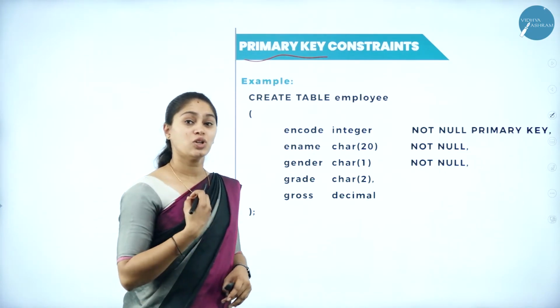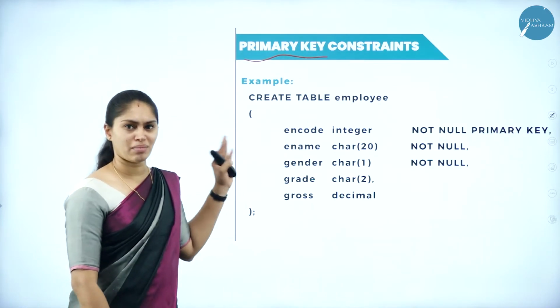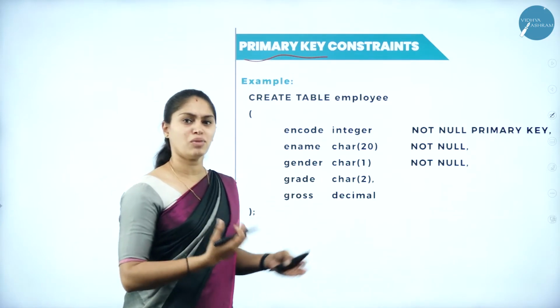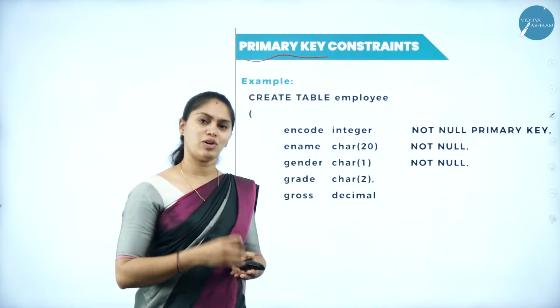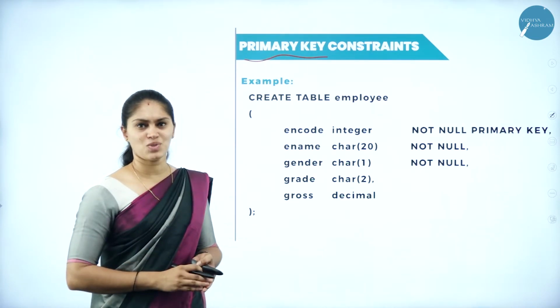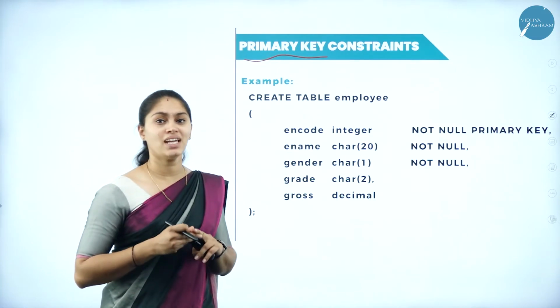In order to uniquely identify a row or a tuple in a table, we use the primary key. To call any column or attribute a primary key, it has to satisfy two things. One is what? The values must be unique and it should not be null.